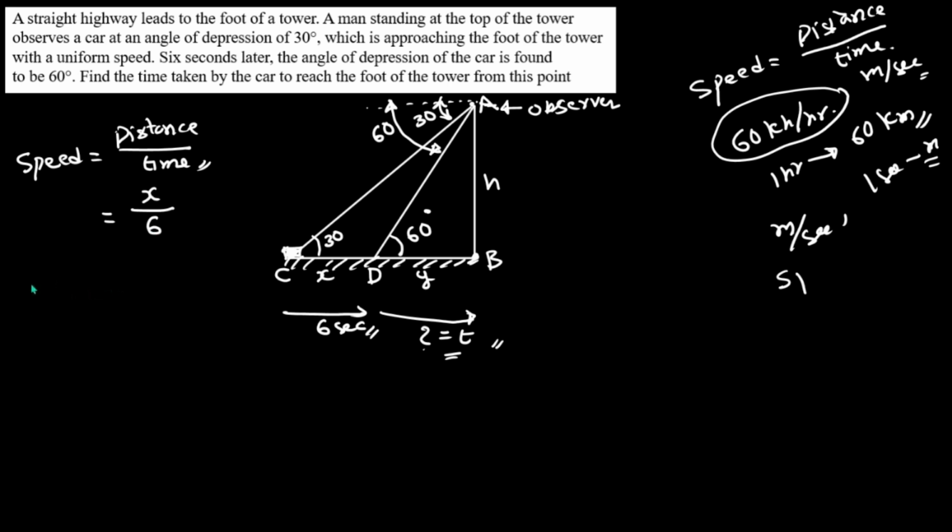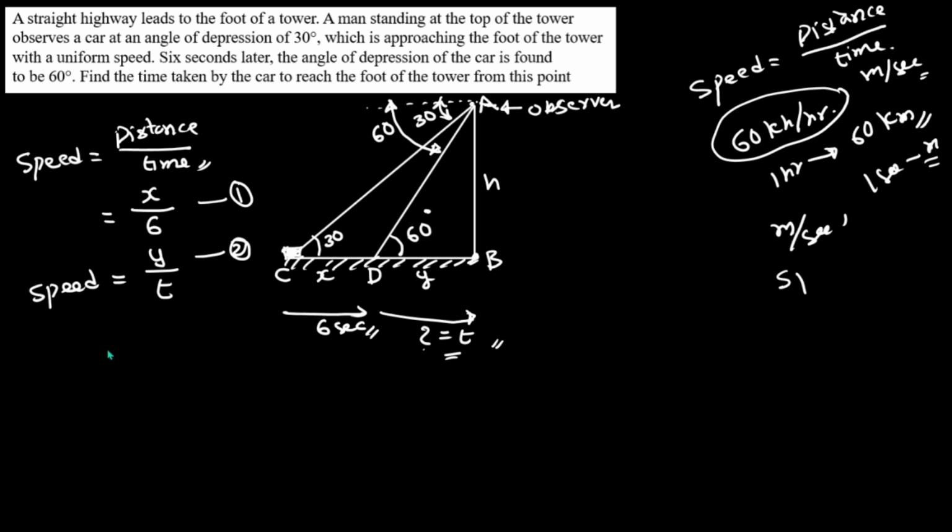Let's calculate the same speed when he is traveling from point D to point B. The distance he covered is y divided by the time. Time also we do not know, so let's take the time as t. He is saying that the vehicle is going at constant speed, speed is not varying. That's why we equate equation number 1 and equation number 2.